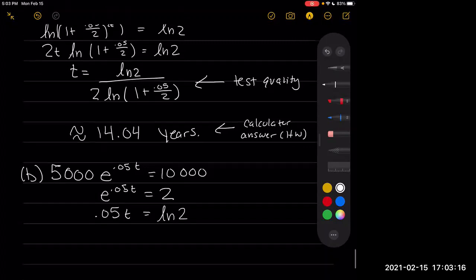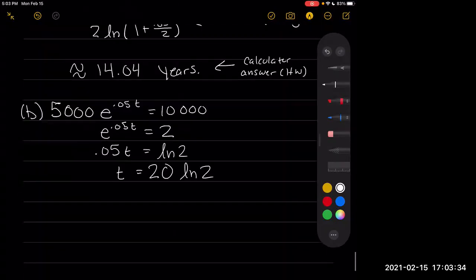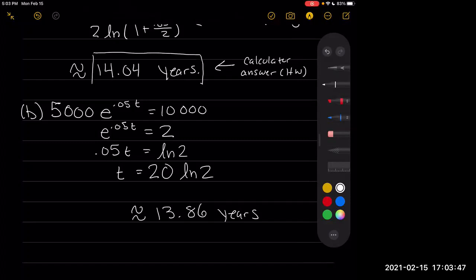And now we're going to divide both sides by 0.05, and 0.05 is actually 1 over 20. So we're going to end up with t equaling 20 times the natural log of 2, which is approximately 13.86 years, which is definitely less time than 14.04.